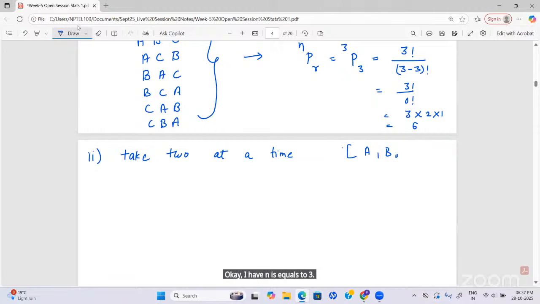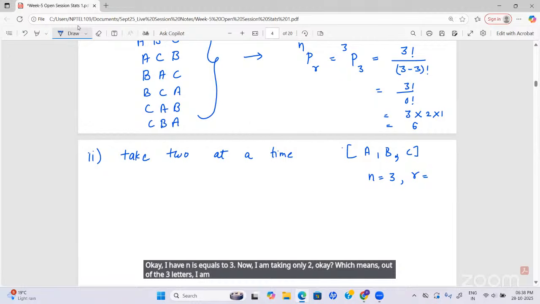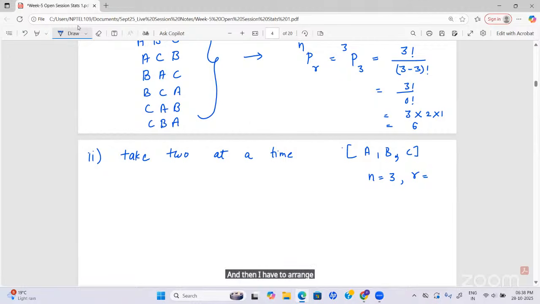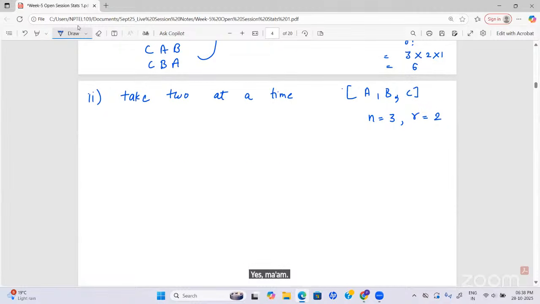Now I am taking only 2, which means out of the 3 letters, I am selecting 2 letters and then I have to arrange them. So the value of r will be 2. Is that correct? Yes, ma'am. So we have to select 2 letters and then arrange them.